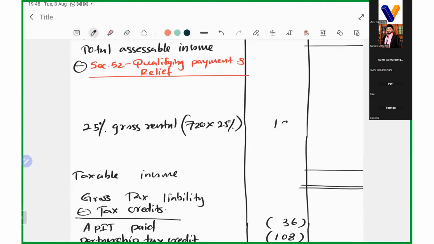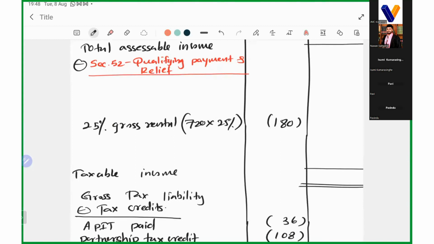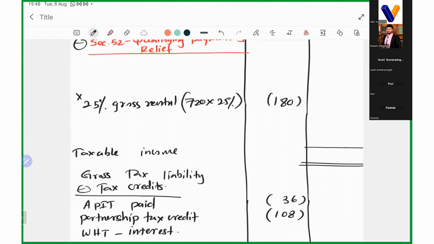Yes, exactly, 180. That is only applicable for an individual. Please keep in mind, don't try to do this adjustment for a company. This is a hidden adjustment. The examiner never gives this adjustment. You have to do this adjustment yourself, right?